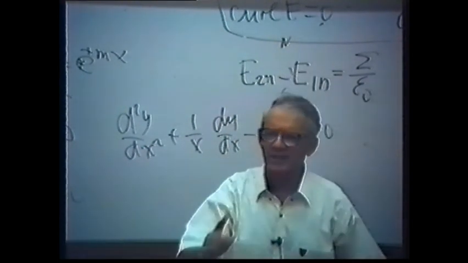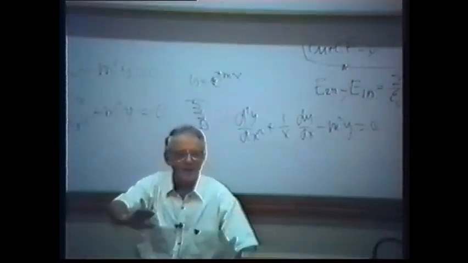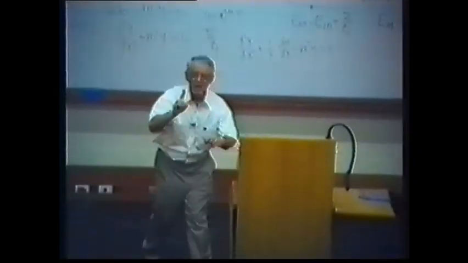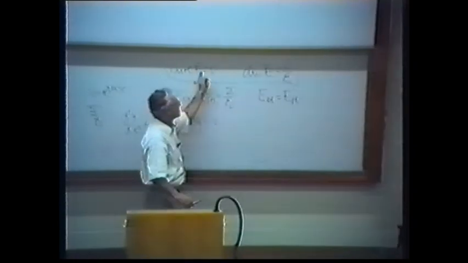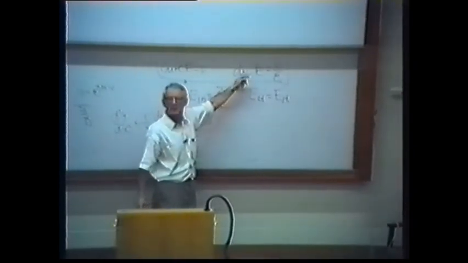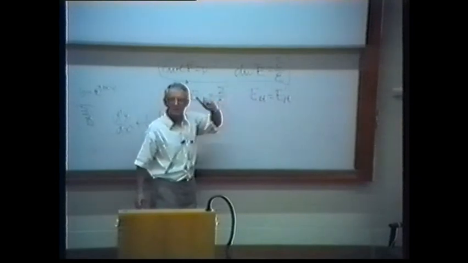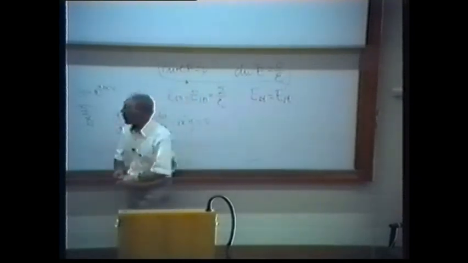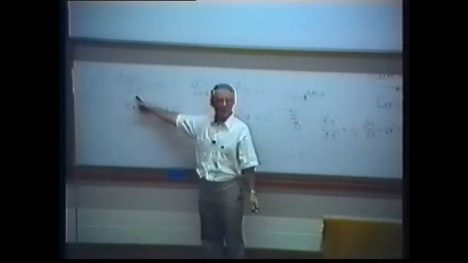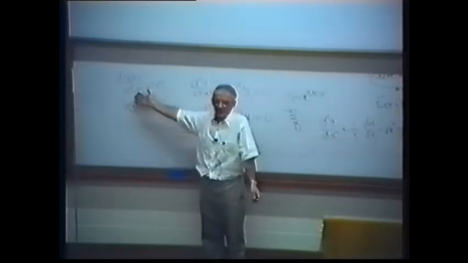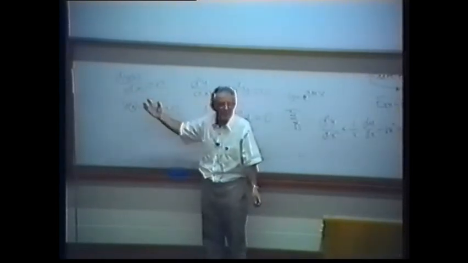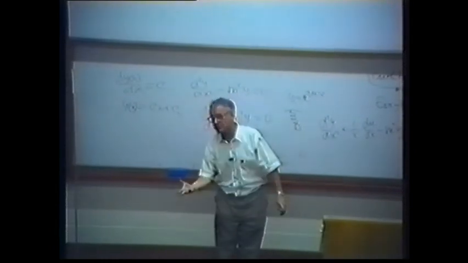One more comment and we get rid of equations. How many solutions does this system have? Infinite. How many solutions does this equation have? Infinite. Change the constant. So it's good and bad.